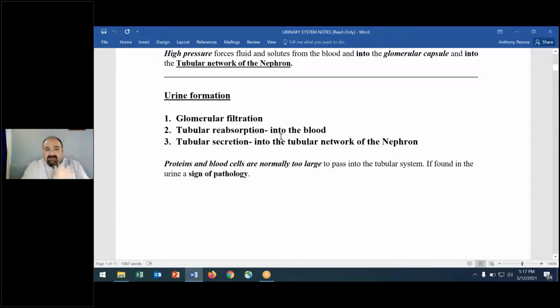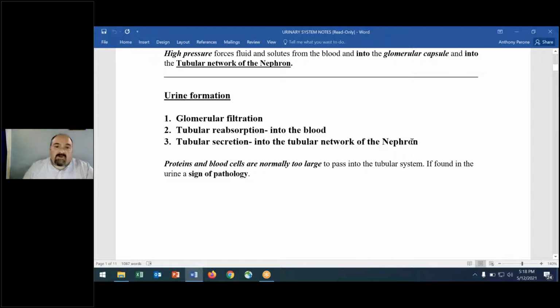So it's filtration, reabsorption, and secretion. This is how we form urine, how it's produced and then released from the body via micturition, urination, voiding, right? And what are the components, such as ADH, and atrial natriuretic peptide, ANP, produced by the right atrium?